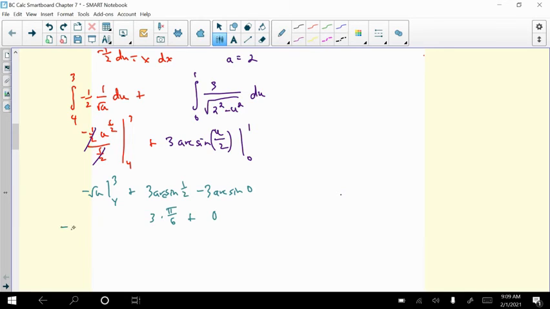And then this is just negative root 3 minus negative root 4. So we just get a whole eclectic set of kinds of numbers, right? We've got square roots, we've got pi, we've got an integer, so we end up getting negative root 3 plus 2, and then plus pi over 2, which is kind of an interesting value, but that's what it is.